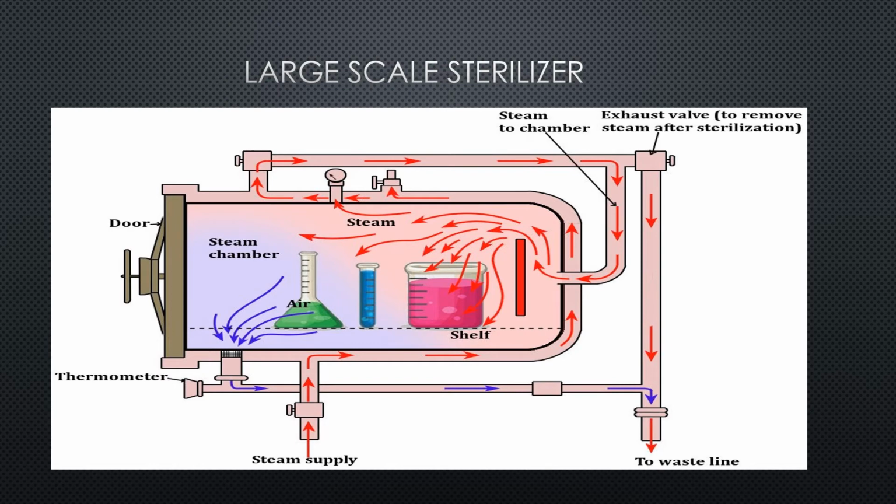Then we can see the exhaust valve, also called the reducing valve, which is used to release excess steam. Too much steam inside the sterilizer is not useful. Or suppose we are sterilizing at a specific temperature, then that temperature has to be maintained.